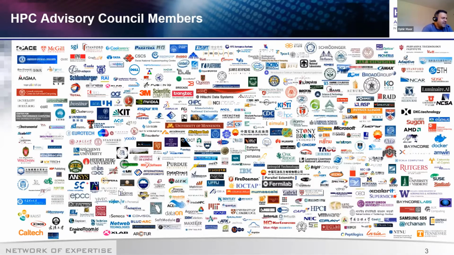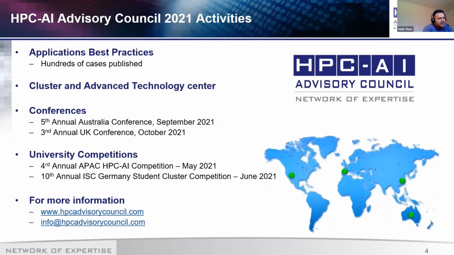There are so many icons, but you can see that it's over 10 years of existence. The current competition, for example, is the ISC student cluster competition that we run. It's the 10th year. There is also an APAC Asia HPC competition that happened in May, and several conferences upcoming towards September and October in Australia and the UK. You can check more on our website.